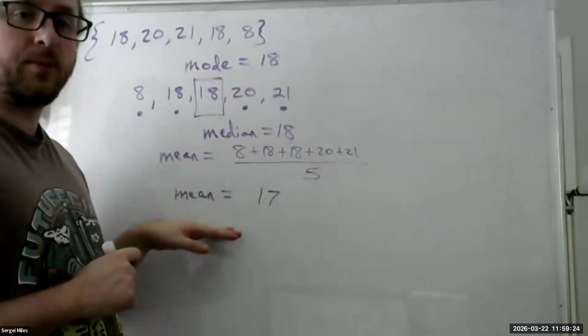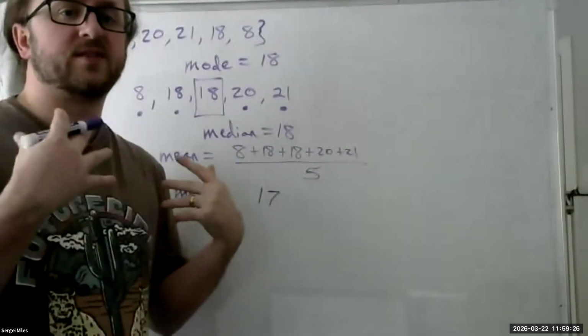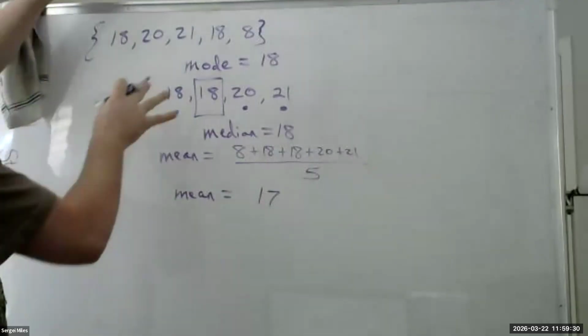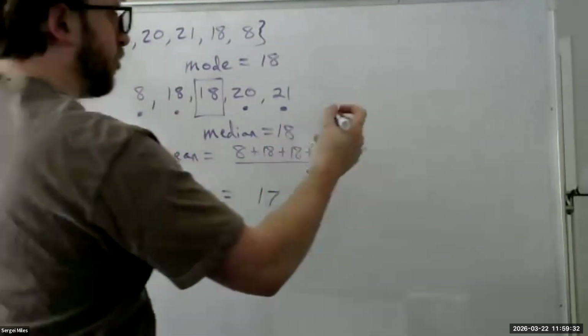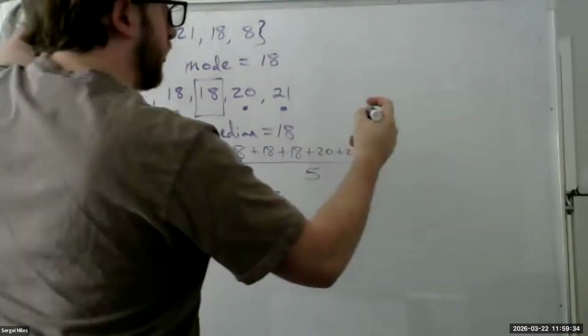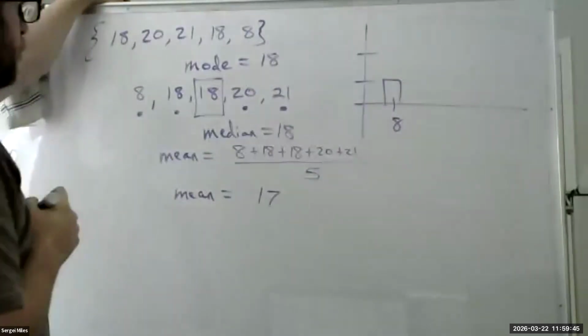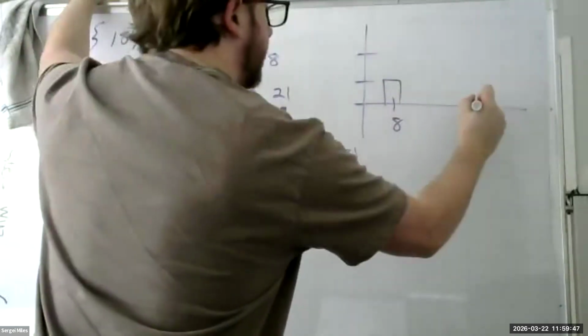This also does a good job of showing when data can be called what we consider to be skewed. If I create a frequency distribution for this sample that we have here, I have one data entry, 8. So that would have a frequency of 1.